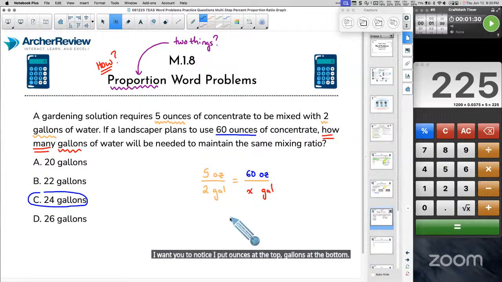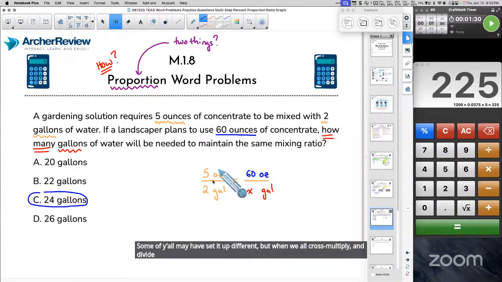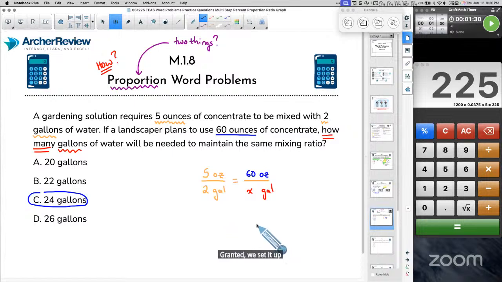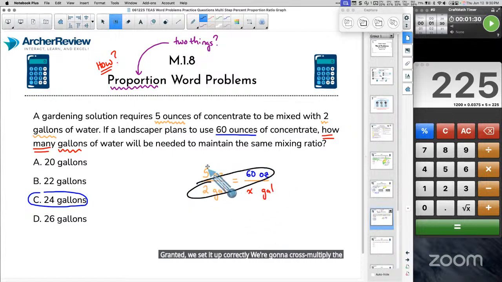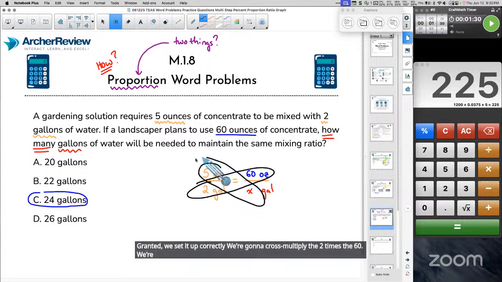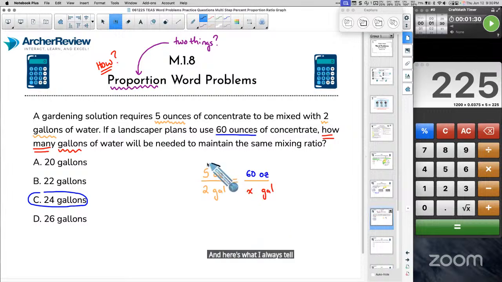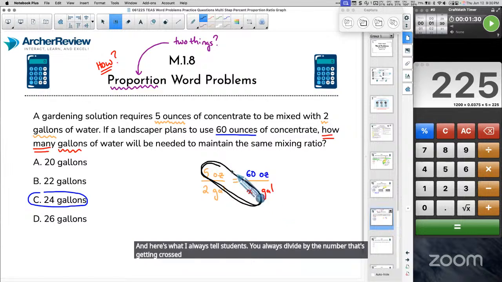Some of y'all may have set it up differently, but when we all cross multiply and divide, granted we set it up correctly, we're going to cross multiply the 2 times the 60. We're going to divide by the 5. And here's what I always tell students: you always divide by the number that's getting crossed with the variable.